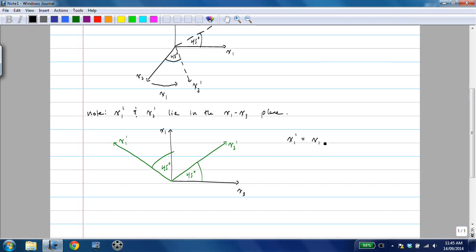So this is x1 cosine 45 degrees. And then in order to get this component here, we need to describe it in terms of x3.